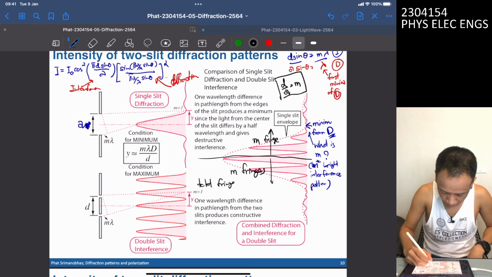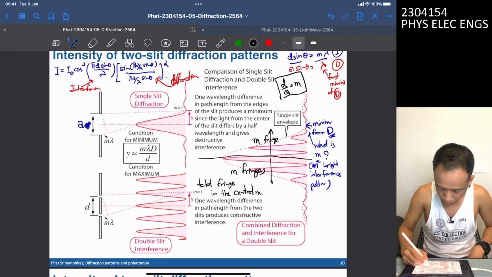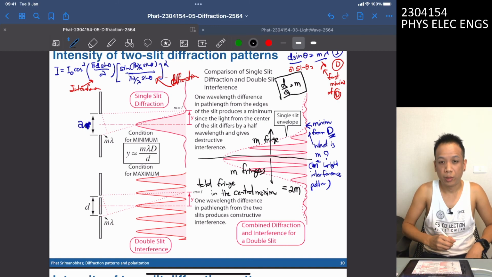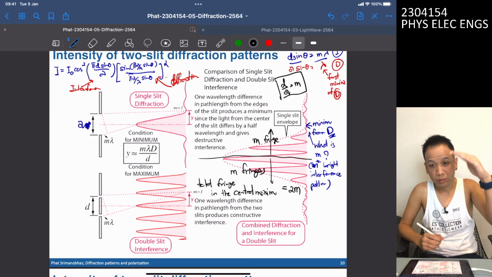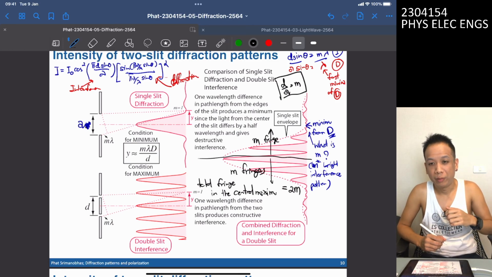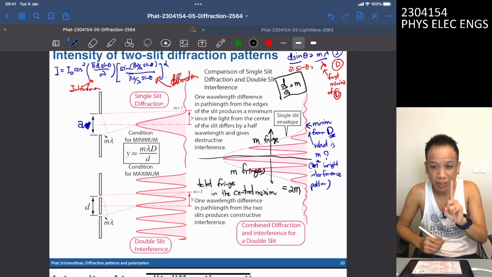Okay, then the total fringes in the central maxima will be 2m. Is it correct? You have m on the top, you have m in the bottom. No, it's not correct, because we have only one central, right?